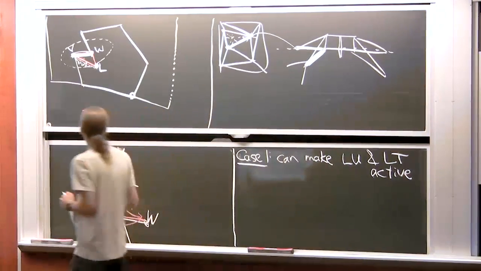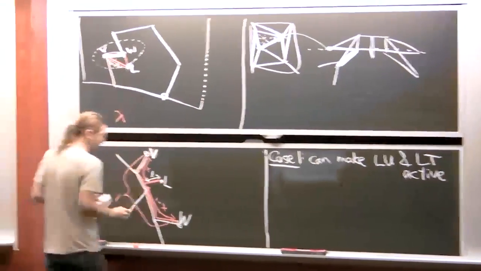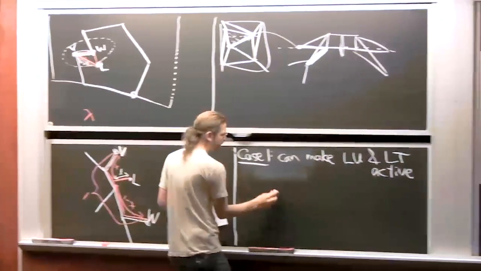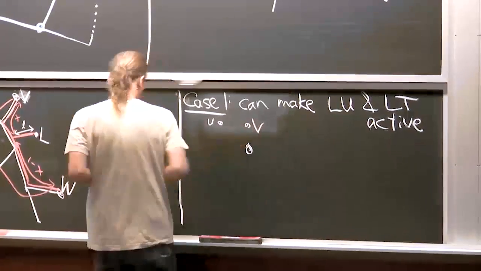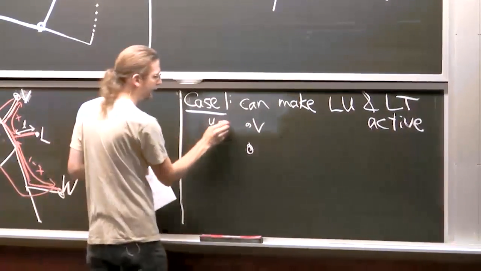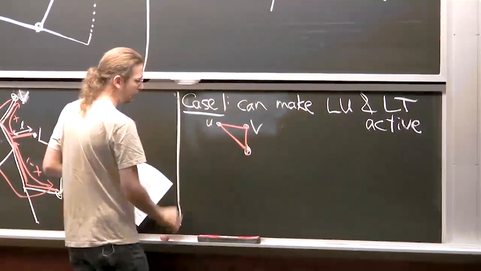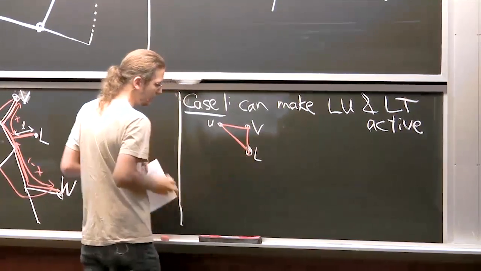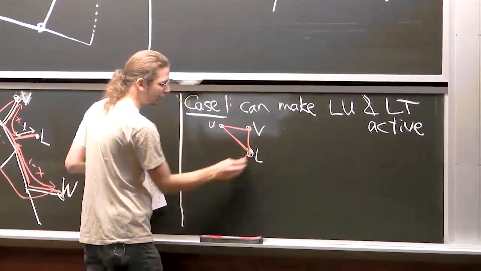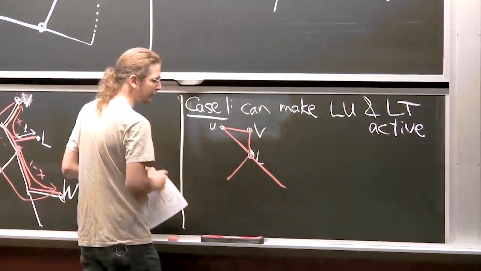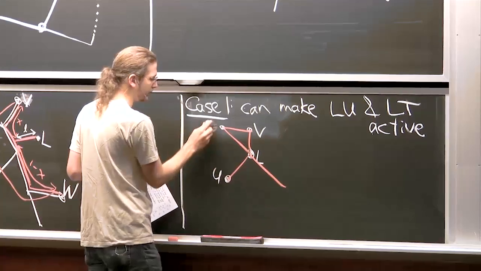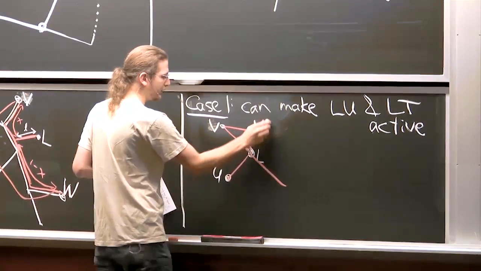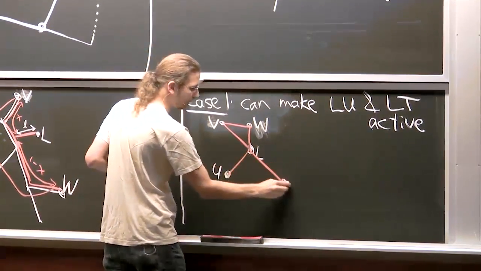One thing that would be nice is I can place L. Maybe I'll draw another version of this. So I've got U, V. I'll draw the active paths in red. So we know UV is active. We've got L. If I could somehow place L so that it's active with two other points, two other leaves. Sorry, this is V and W. This is U, and this is T.